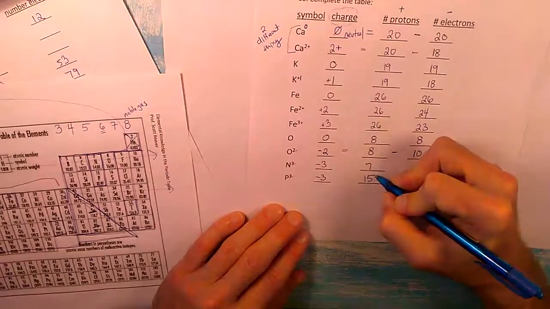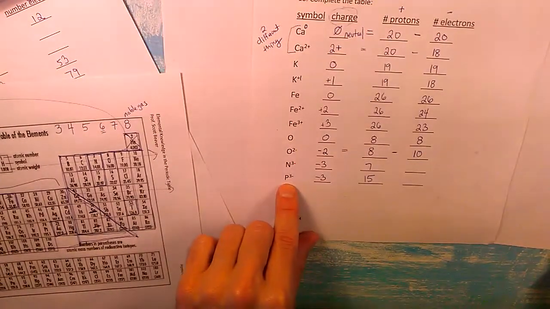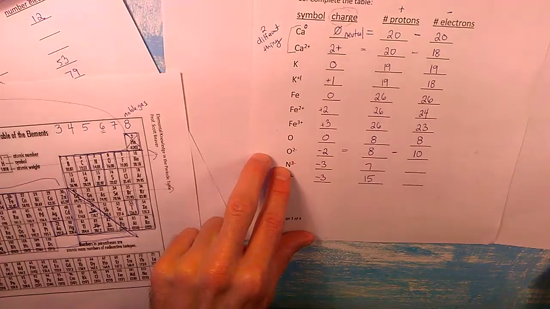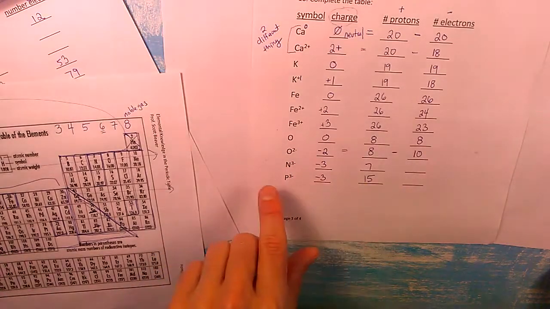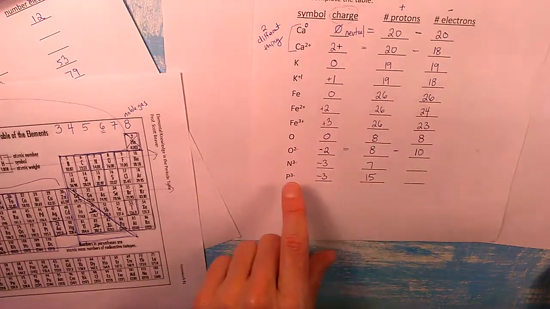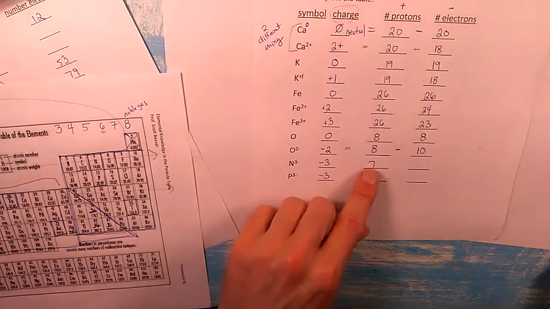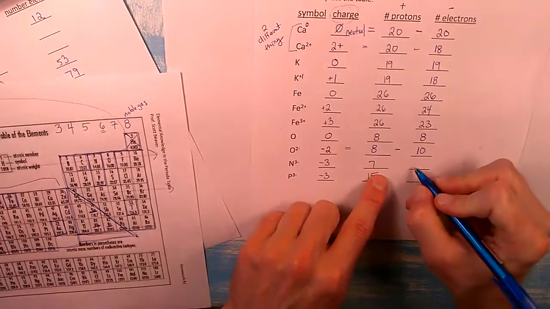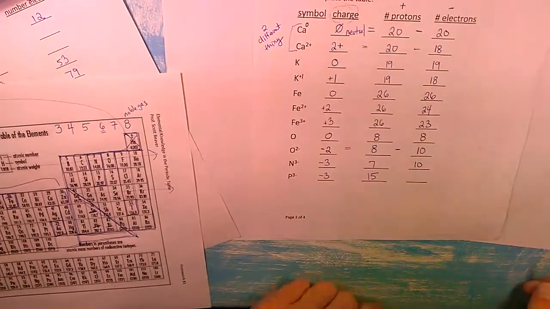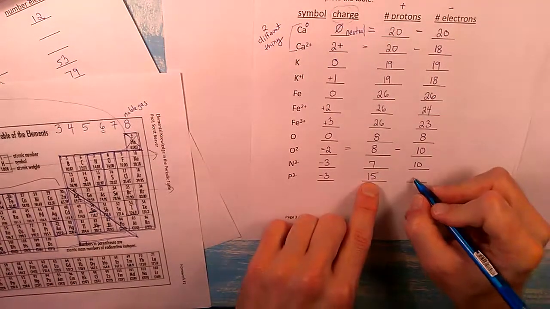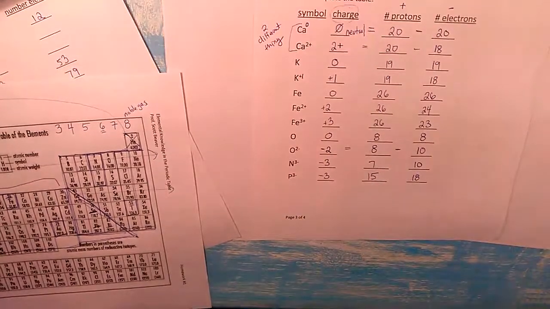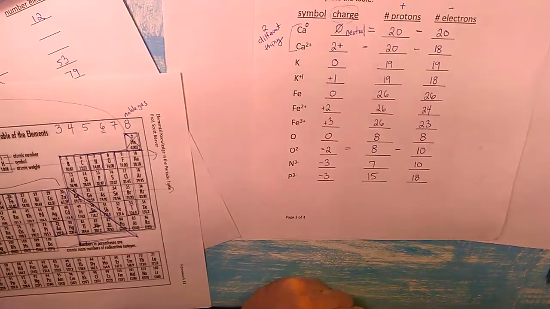So I'll just write that down. 7 for nitrogen, 15 for P. And now we've gained 3 negative charges, 3 more electrons than protons. So 7, it's minus, but we're going to add 3. Just think and do the opposite. 7 plus 3 gives us 10 electrons for nitrogen, and 15 plus 3 gives us 18 electrons for P3-.